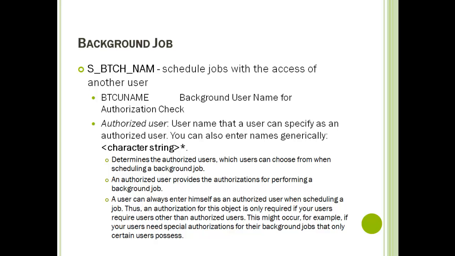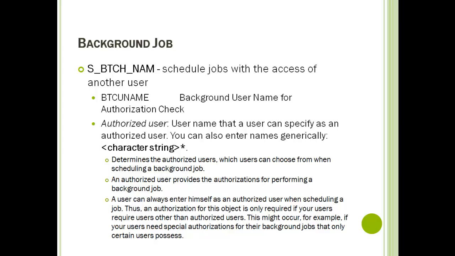That means they have the specific authorization, they can run a job, whatever authorization we have assigned to that user. So in a case where you have some program which needs more authorization, and you have to run it on a periodic basis, you will have quite a lot of such jobs in the system.